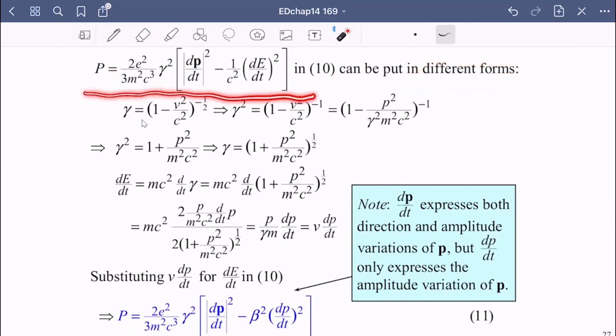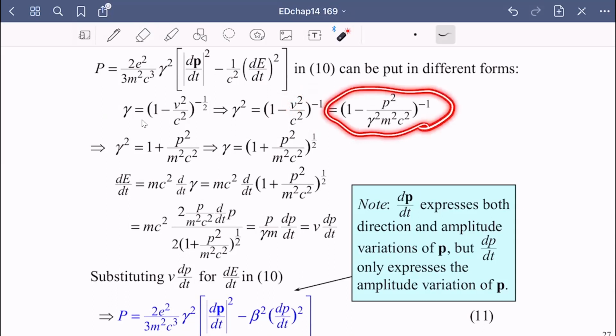That's the fundamental form. And remember, gamma is here. Gamma squared, therefore, is here. And you can change from velocity to momentum. Okay, so gamma squared equals 1 plus p squared over m squared c squared.